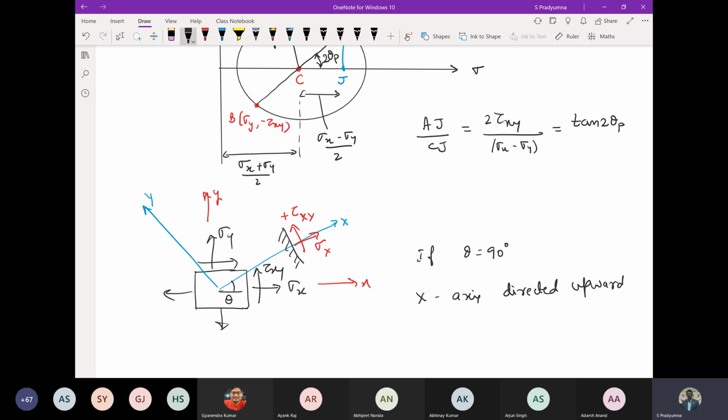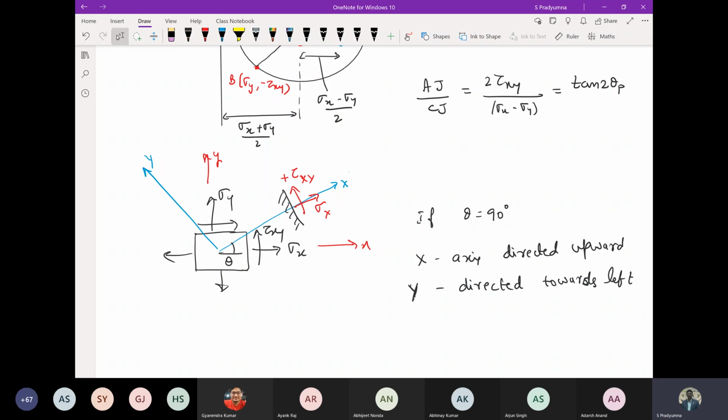It is directed towards the left. That means if I assume that theta is equal to 90 degrees, my capital X axis is directed upward and capital Y axis is pointing towards the left.